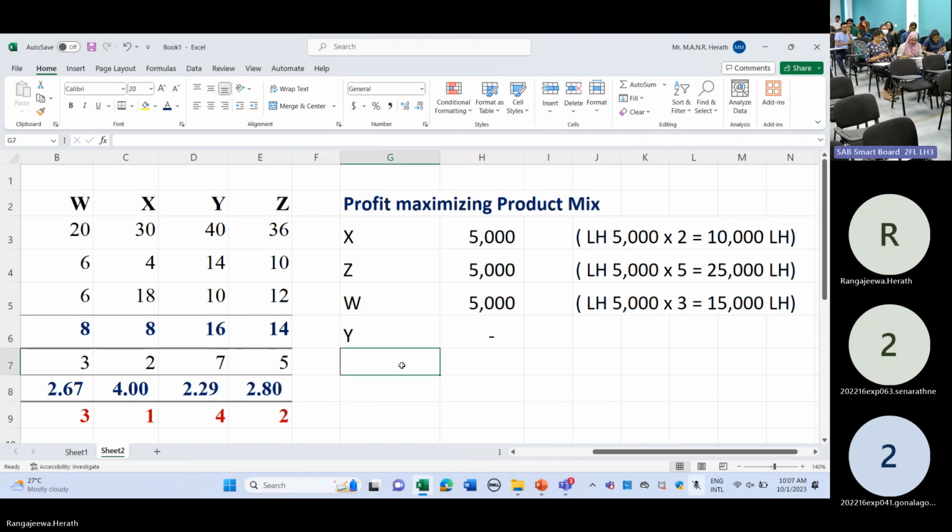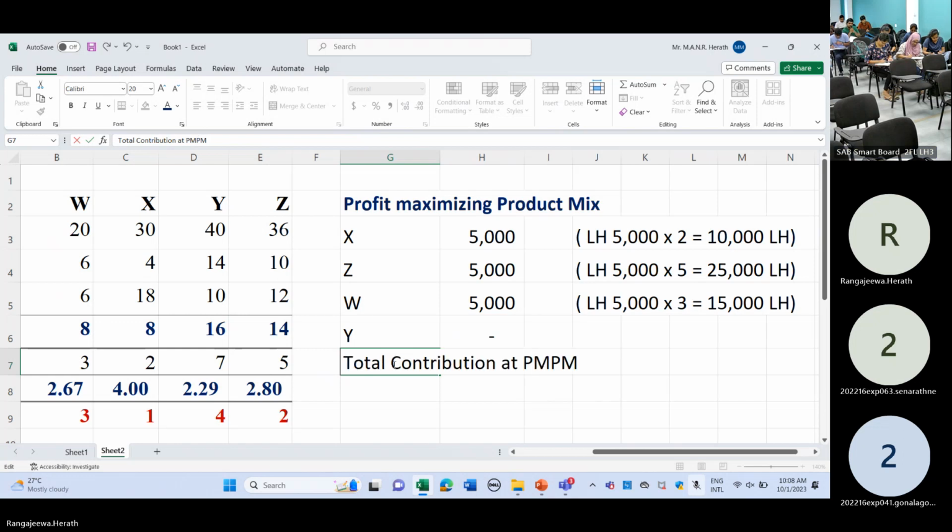So what should be the total contribution of the profit maximizing product mix? Total contribution of the profit maximizing product mix.